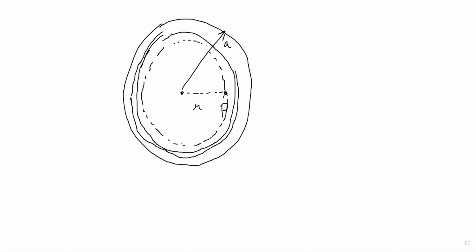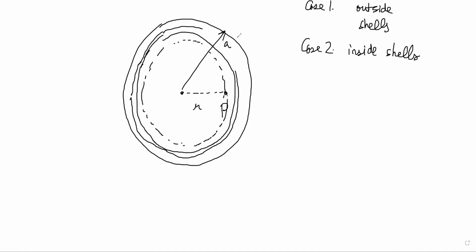Basically, you consider two cases. Case one is for outside shells, and case two is for inside shells, inside P and outside P. The difference happens because for outside shells, the formula of potential will be different: minus G dm by a.